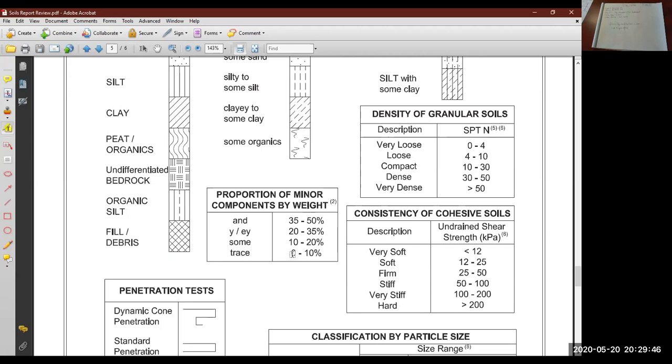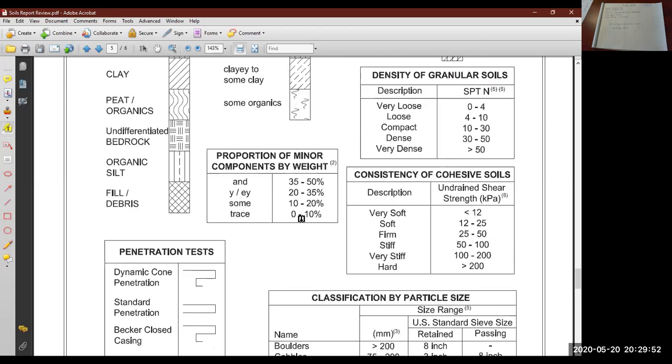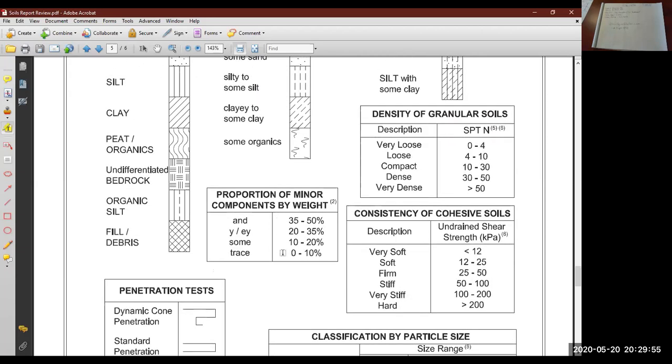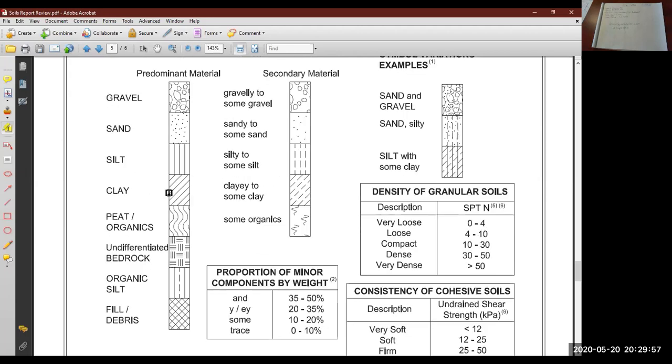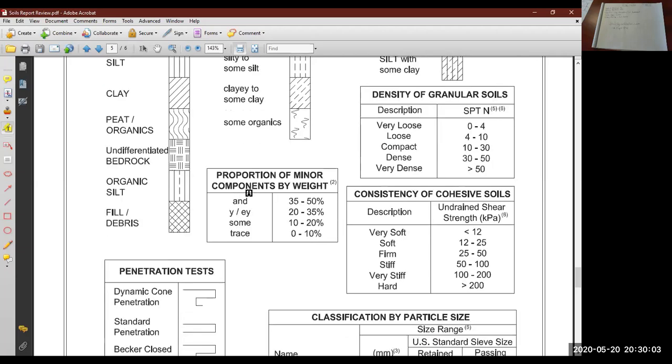A trace means 0 to 10%, so a trace of sand would mean there's 0 to 10% sand. Some clay would be 10 to 20% clay. That type of thing.